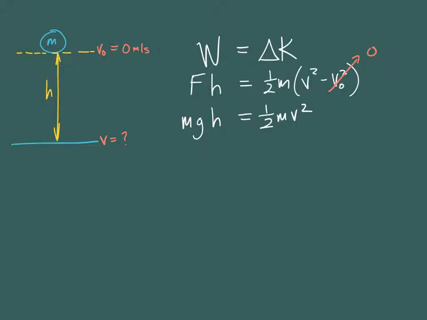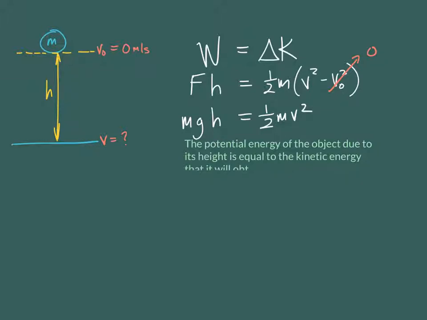So the potential energy of the object due to its height is equal to the kinetic energy that it will obtain due to displacement caused by the force of gravity.